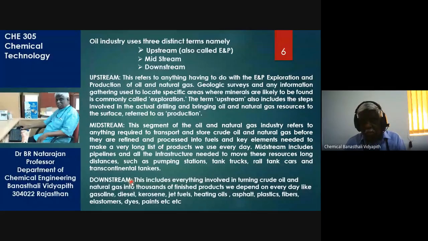So crude oil, remember, is a khichdi of many hydrocarbons, and we are removing them one by one in the refinery the way we want, right? That is the downstream operation.